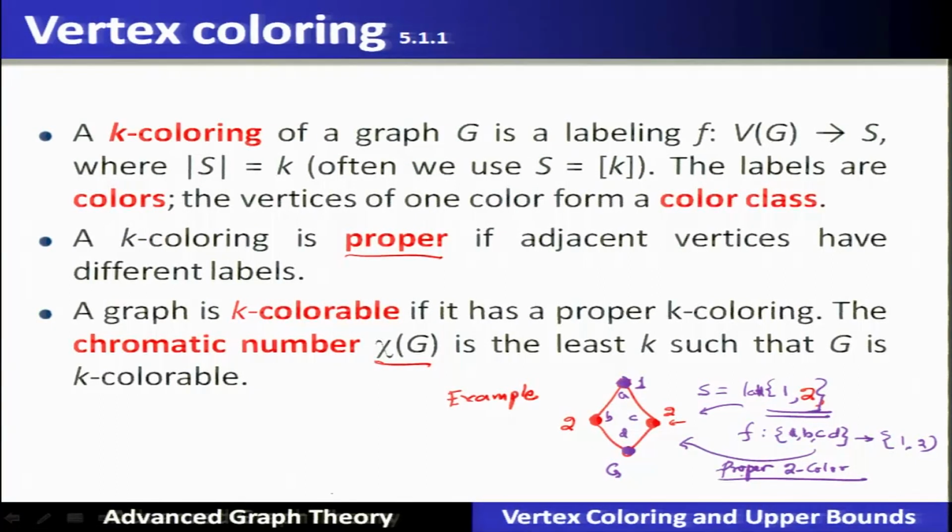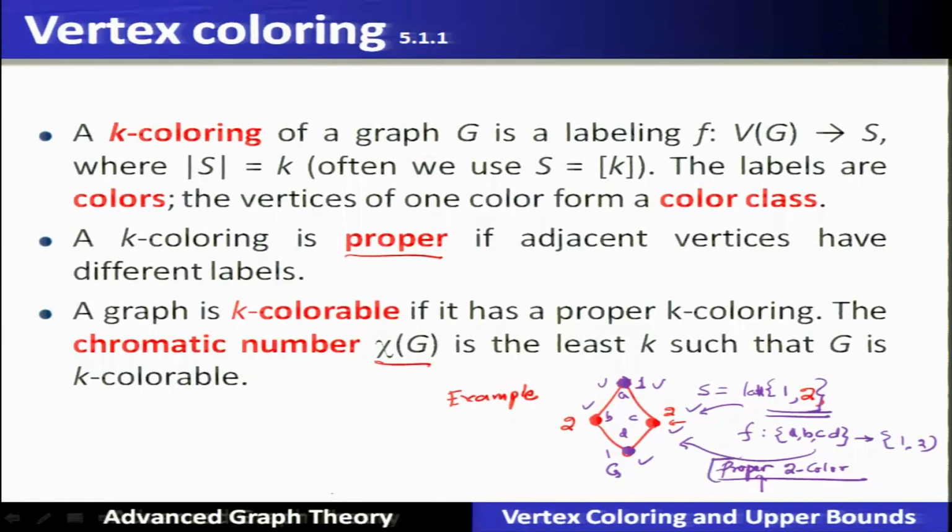This is called proper because every two adjacent vertices are receiving different colors. Hence, this particular coloring is called proper. Two colors are required because with one color you cannot color this particular graph. So, a minimum of two colors are required.